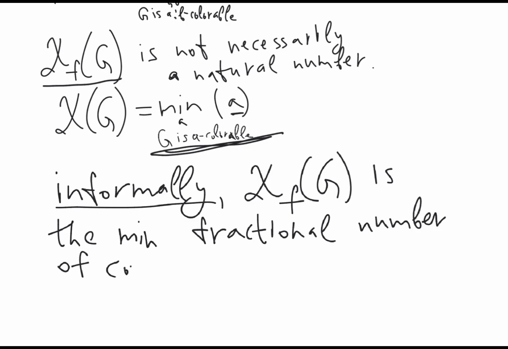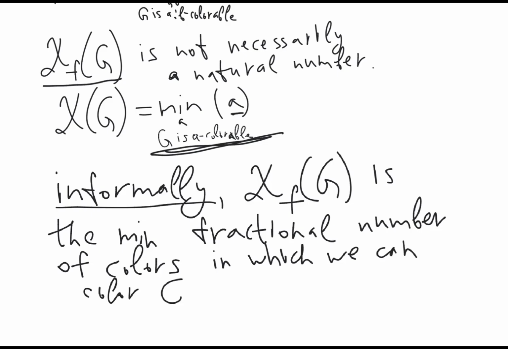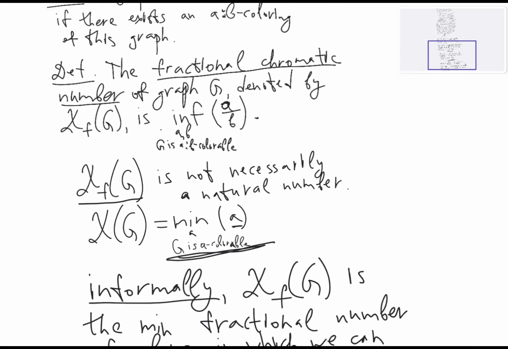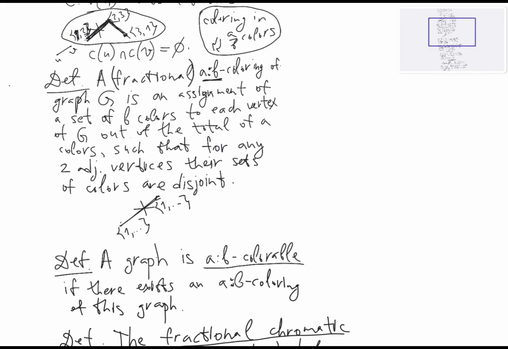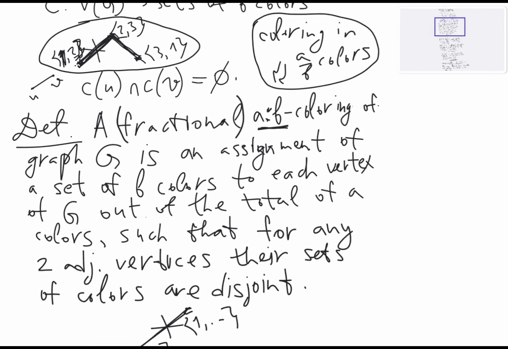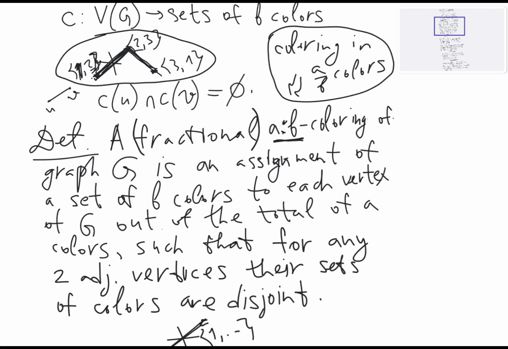Number of colors in which we can color G. So informally, as I said here, the fractional a colon b coloring can be considered as a coloring in a over b colors.